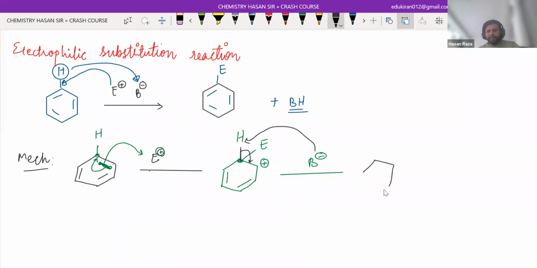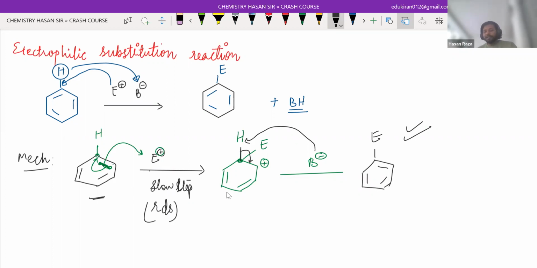First it loses its aromaticity, then again it gains its aromaticity, and that's why electrophilic substitution reaction is possible in aromatic hydrocarbon.